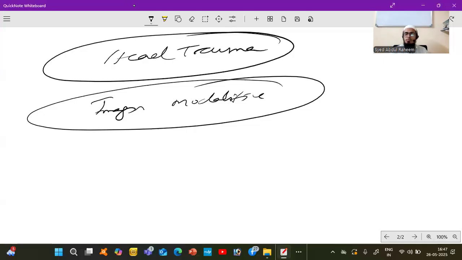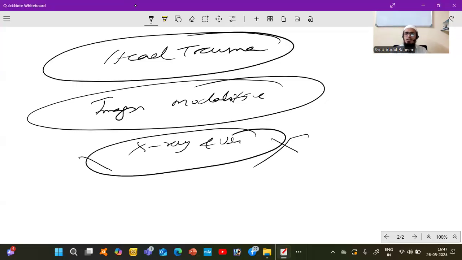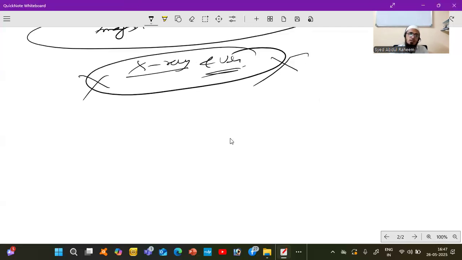Here two things we have to remember: X-ray and USG don't have any significant role in the head or skull. No role. If you do X-ray and USG, it is not worthful. It is a waste of money and a waste of time for the patient as well as the doctor.